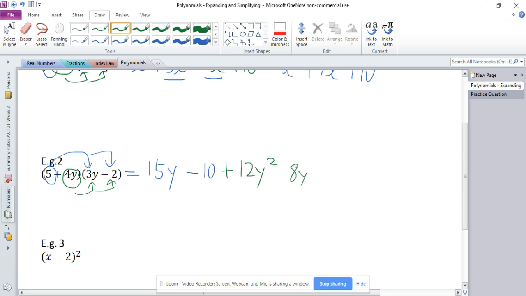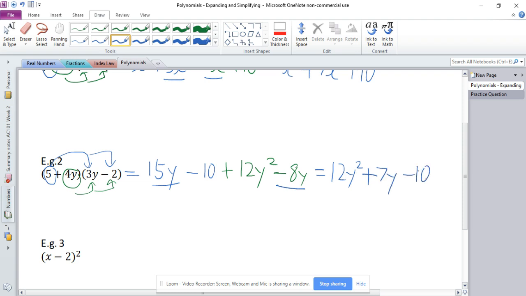Also check the sign here is positive, negative, so that's why it's negative. Any like terms? Well, let's have a look. The highest power is y power of 2. You only have one y power of 2, so just copy it. And then the next is y power of 1, so 15y and minus 8y, which means 15 take away 8. 15 subtract 8 is positive 7.